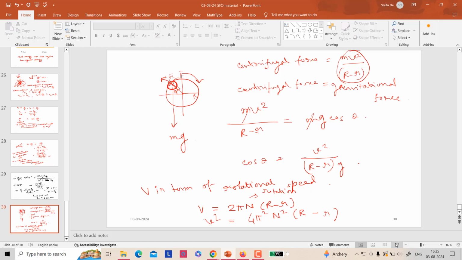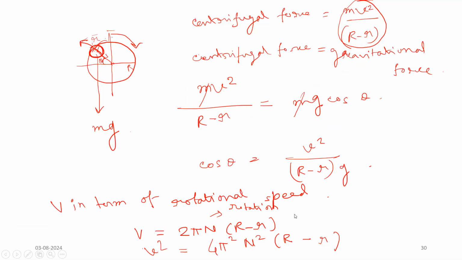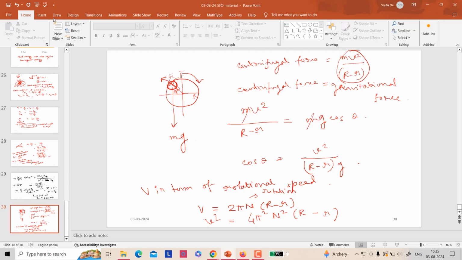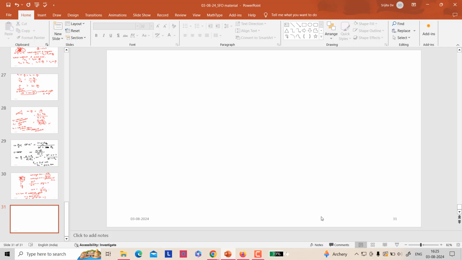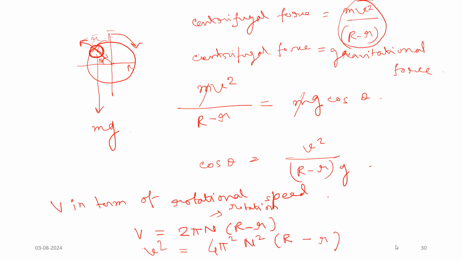So cos theta will be v square, which is 4 pi square n square R minus r whole square, and what was in the denominator, that is R minus r into g.